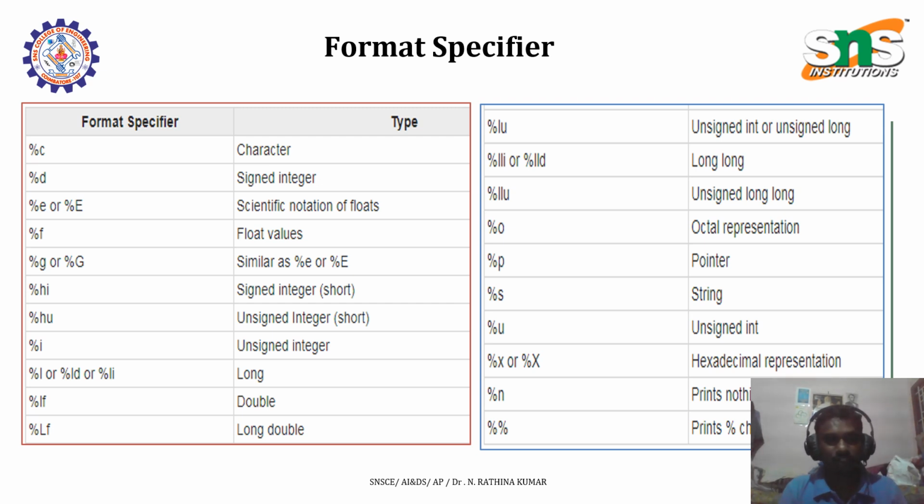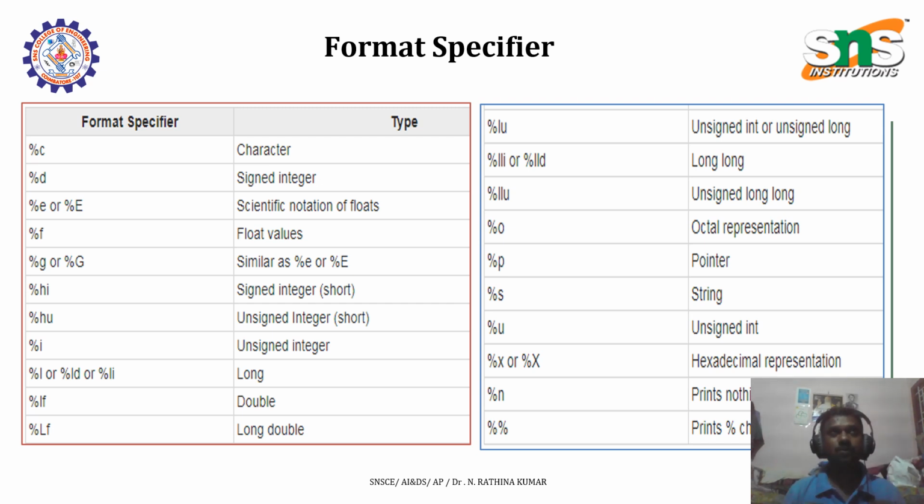This is a very important one. If you want to display some value to the user using a printf statement, you must understand what is meant by format specifier. For example, see the second row, %d. The type is signed integer.